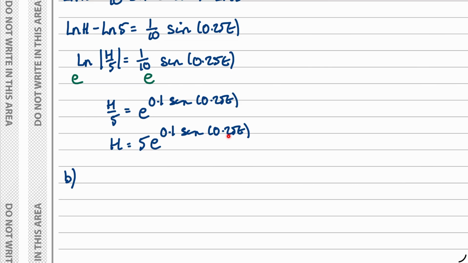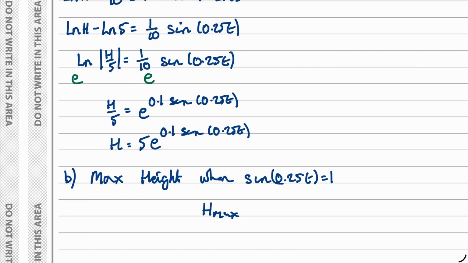So the maximum is when the sine of 0.25t will equal positive 1. And when it does equal positive 1, the maximum height will be 5 multiplied by e to the 0.1. And we can work this out and we get approximately 5.53 meters.